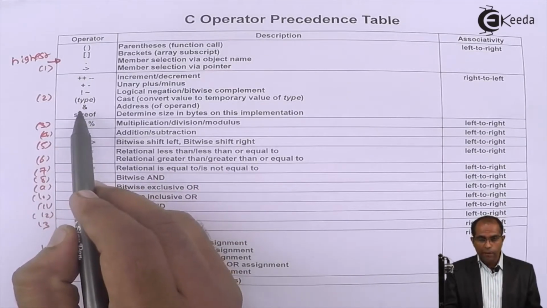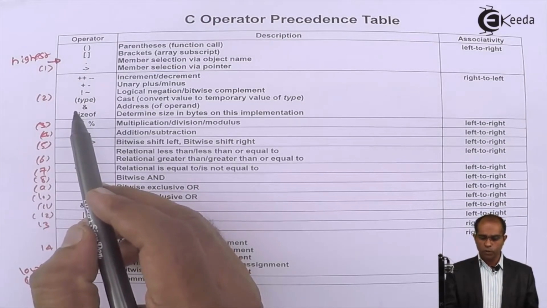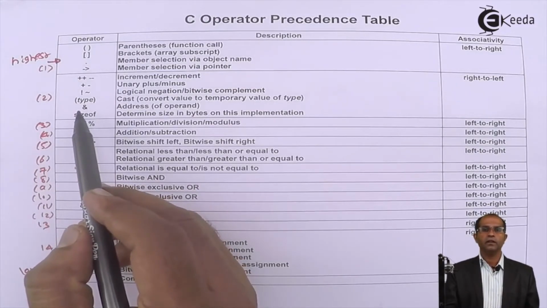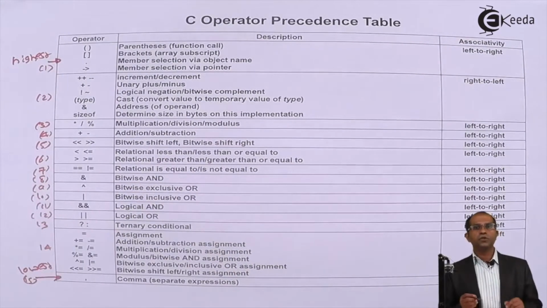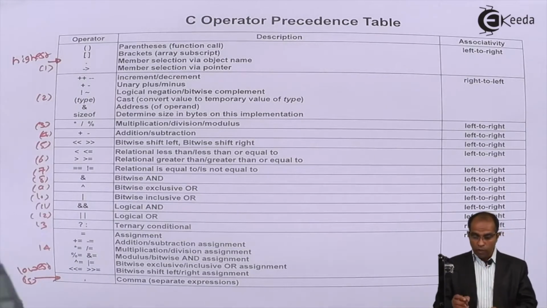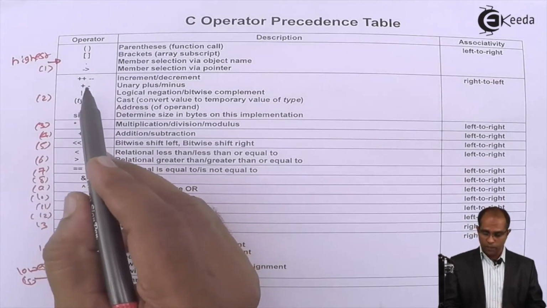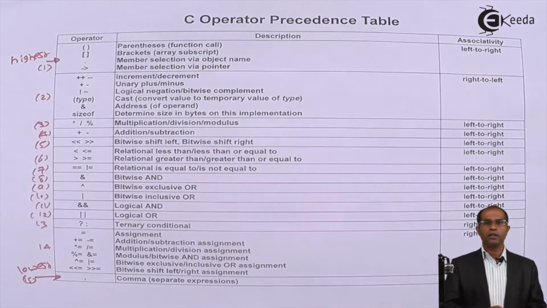Then we have ampersand, which is used as an address operator. Where have we used this particular operator? In scanf, right? In scanf, we have used the ampersand. And then sizeof, which is used to calculate the amount of memory held by a variable. So most of these operators are unary, and they enjoy the second highest priority.